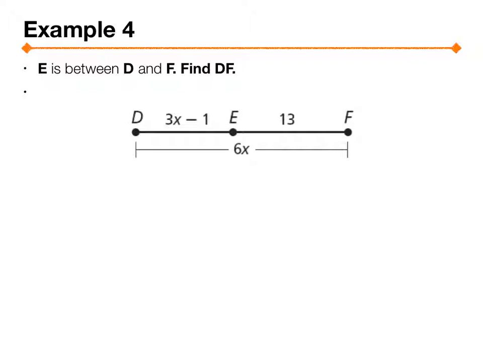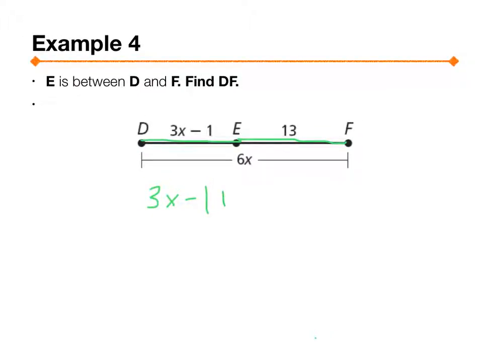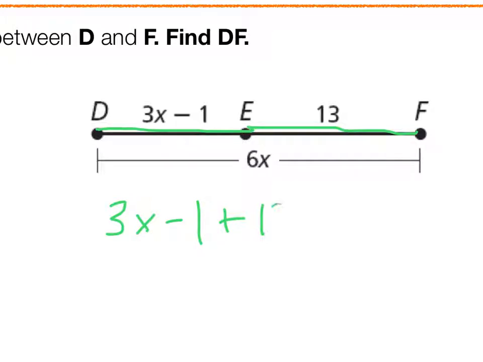E is between DF, find DF. So let's take the first part, 3x minus 1. So we have DE. Now we need to add EF. So we would do plus 13, which is equal to the whole thing, which would be 6x.